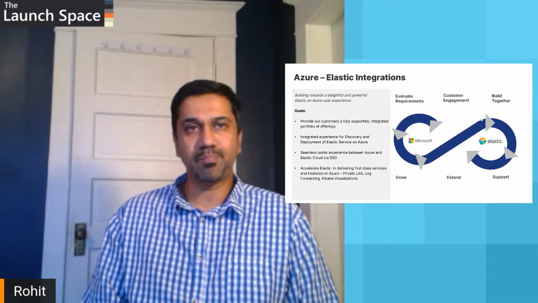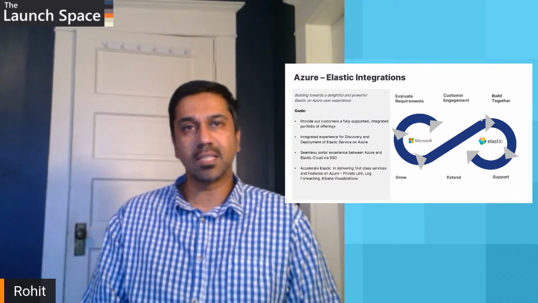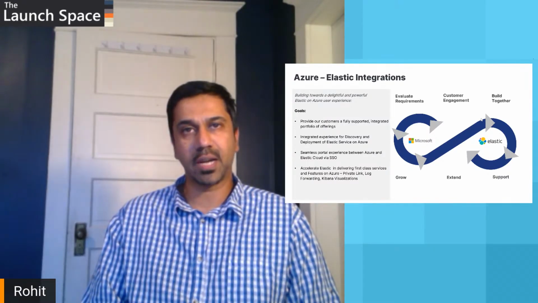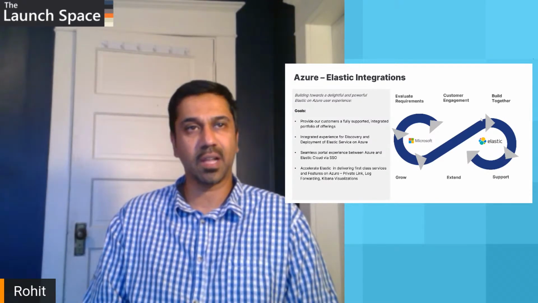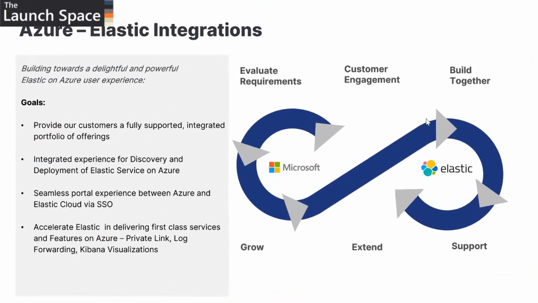This is very powerful as it not only simplifies the steps required to set up and manage the logs for all Azure resources, but also allows for a seamless visualization of the logs itself. Another top customer ask has been to ensure secure connectivity between the customer virtual network and Elastic VNet, which is now achieved via private link integrations.